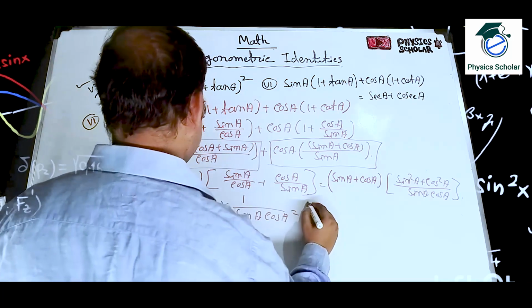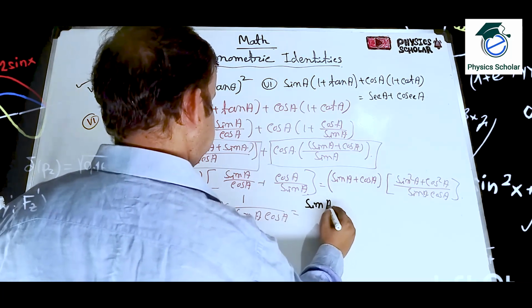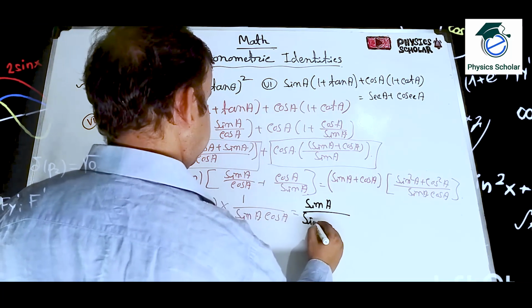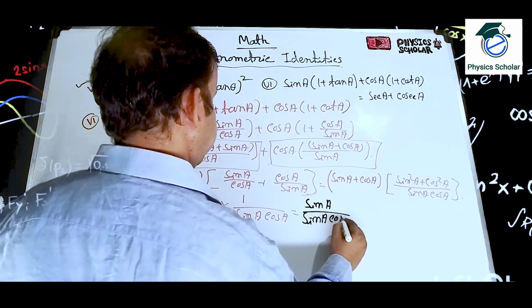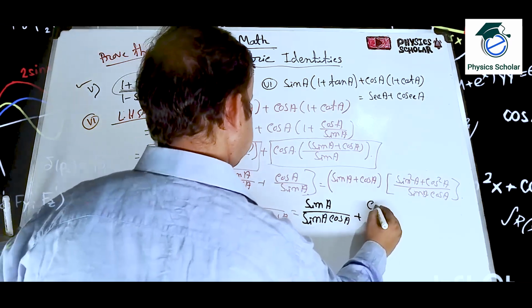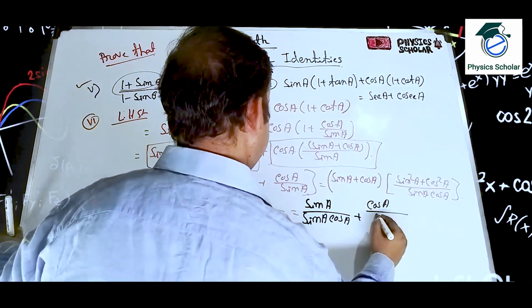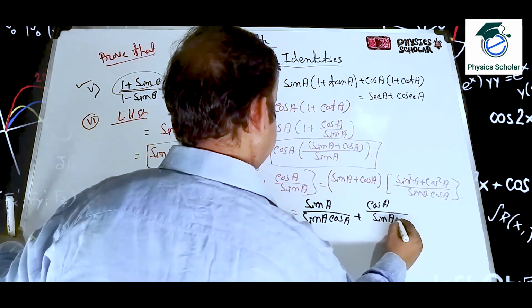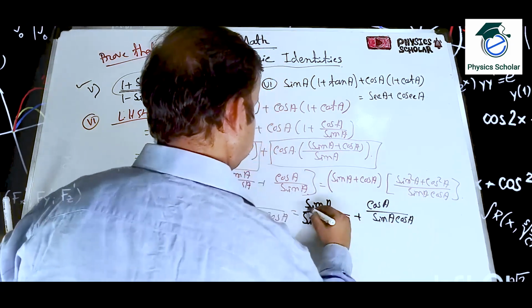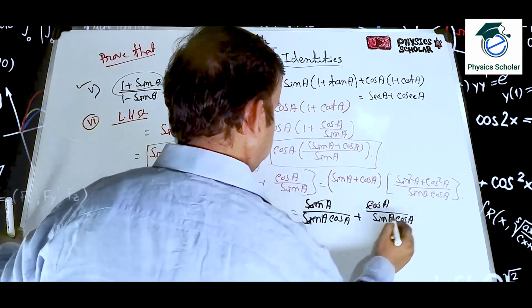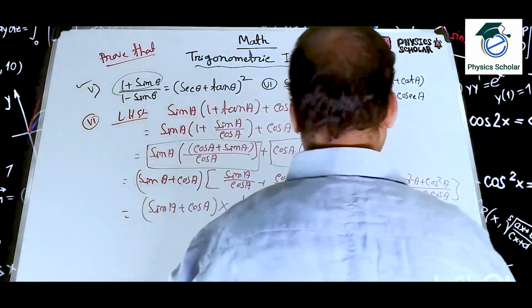Now how can you write it? Sin A divided by sin A cos A plus cos A divided by sin A cos A. So sin A will be cancelled, cos A will be cancelled.